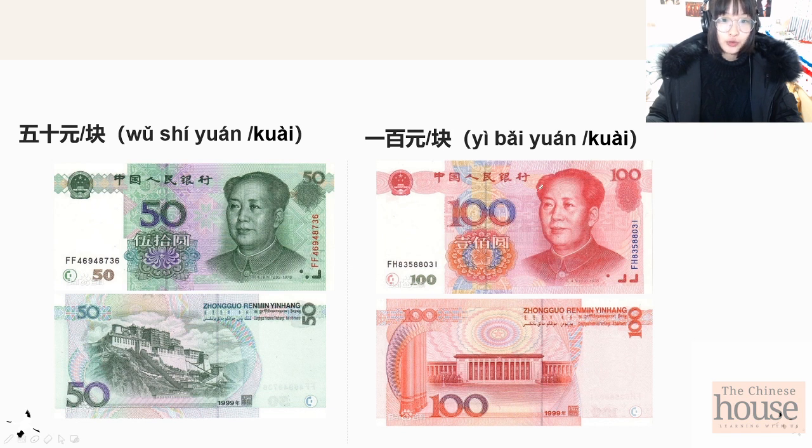This is 100元, 100块. Fourth tone, because this is the third tone, we change it to fourth tone from flat tone. Take care of it. And sometimes we call it 毛爷爷, which means Grandpa Mao, because there's Chairman Mao on it. This is just a joke.